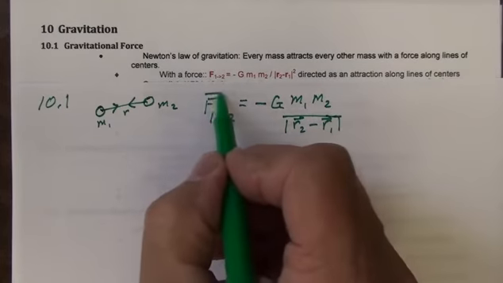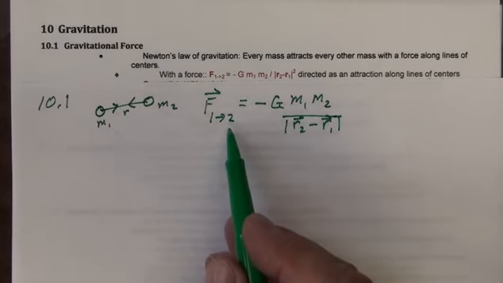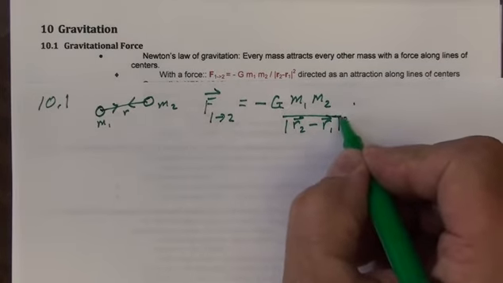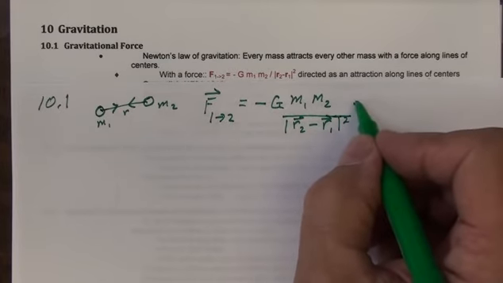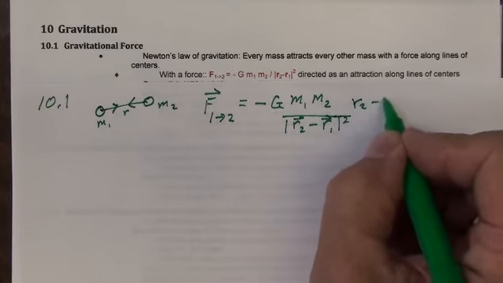And this force is a vector. And the force that object 2 feels is actually going to be in the direction, this is a square here, and the direction is actually going to be as a unit vector r2 minus r1.